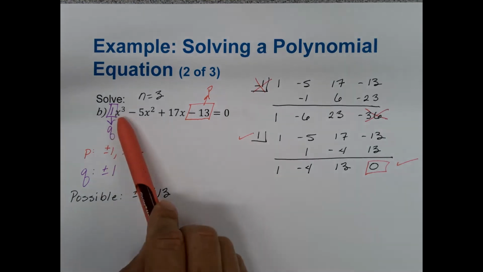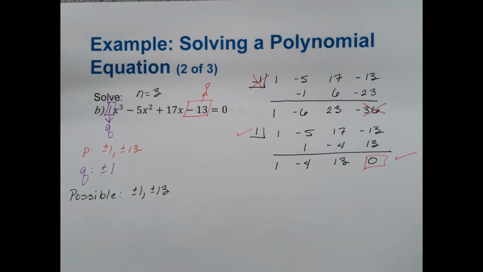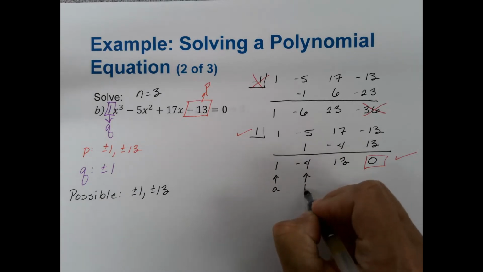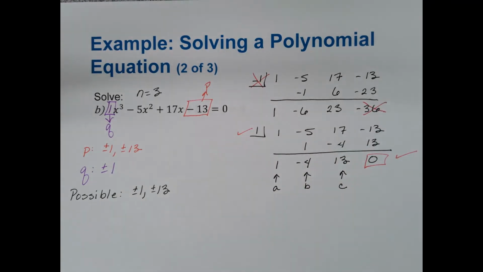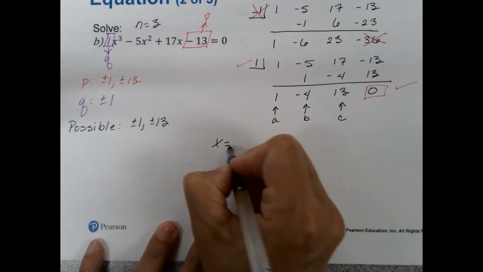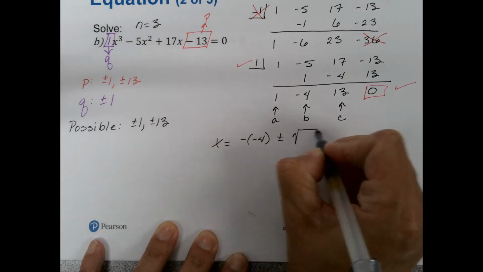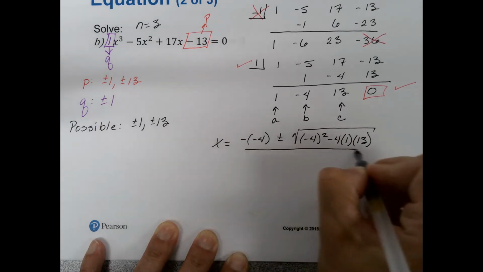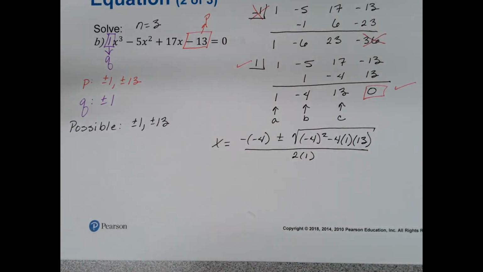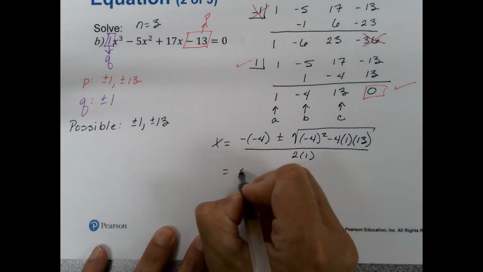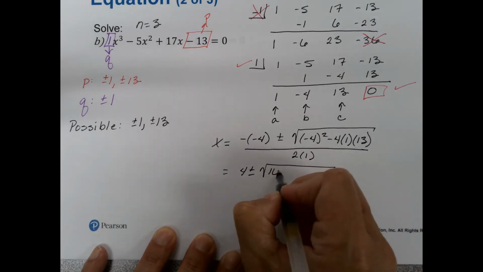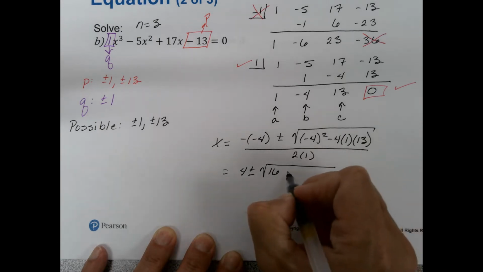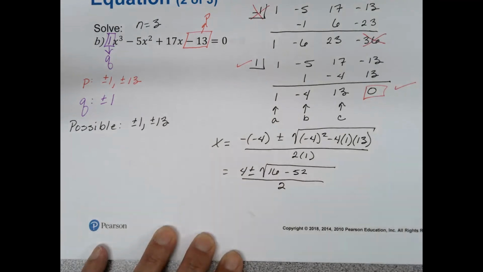Since I started with a cubic polynomial, that means this one that's left is quadratic. And so we can use our quadratic formula again with our A, our B, and our C. We'll get -b plus or minus the square root of b squared minus 4 times A times C, all over 2 times A. We get 4 plus or minus the square root of -4 squared, which is a positive 16, minus 4 times 1 times 13, that's a -52, all over 2.